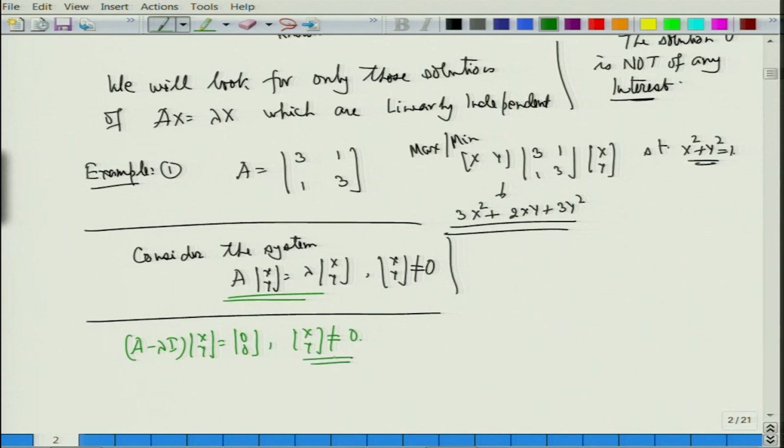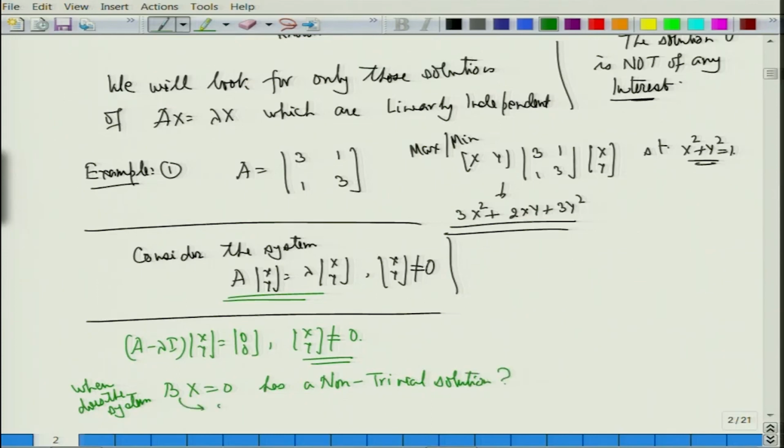So, do you remember some theorem which talks about when does the system Bx equal to 0 have a non-trivial solution?